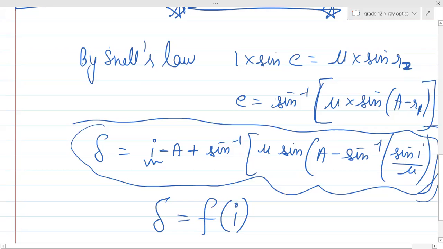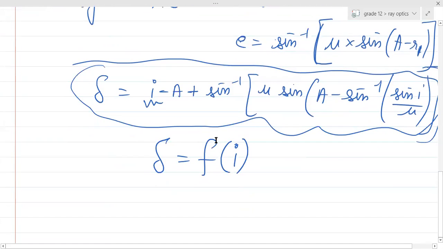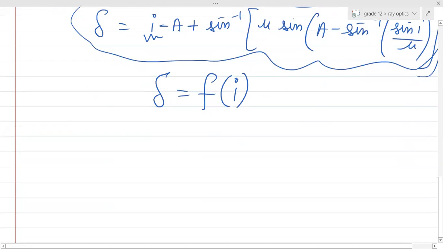Yes or no? Yes, sir. So later on we'll do a graph on this. This is not there in your syllabus, but the graph is. So later on we'll plot a graph between delta and I, and we'll see different things. Is this clear? Is it clear, guys?